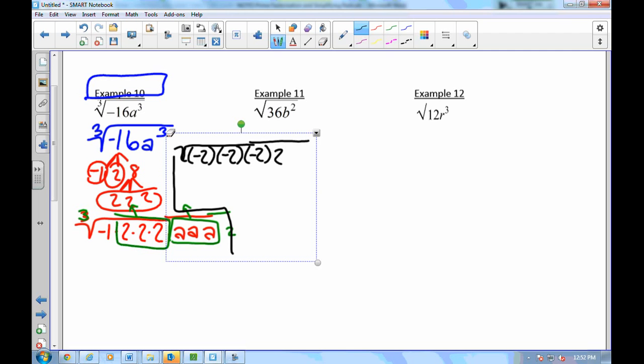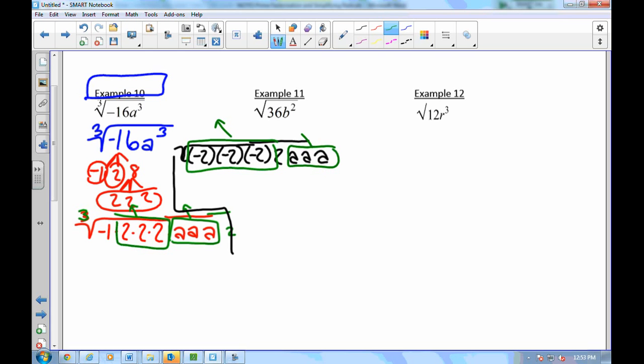So it would be negative 16. I would prefer you to do it this way because then the negative pulls through. Then I have my group of negative 2's and I have my group of A's. So the answer would be negative 2 root, there's an A there, 2. Okay? So play with the negative, see if you can make it into something that would pull out.